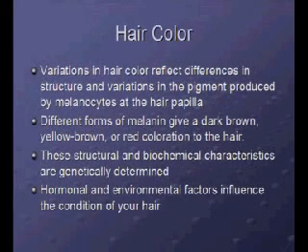As far as hair color, variations in hair color reflect differences in the structure and variations of pigment produced by melanocytes in the hair papilla. Different forms of melanin give dark brown, yellow brown, and red color to the hair. These structural and biochemical characteristics are genetically determined. Hormonal and environmental factors can influence the condition of the hair.